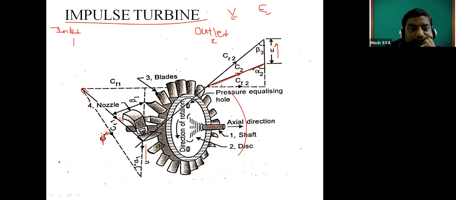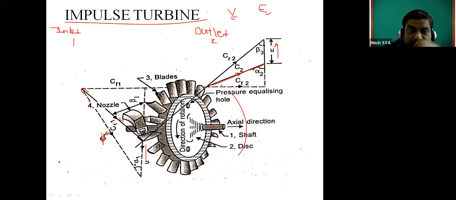One is the vertical component, and one is in the tangential direction, called CW1. Due to that only the whirling action is taking place. So this is C1, and this C1 has two components. One is in the tangential direction.